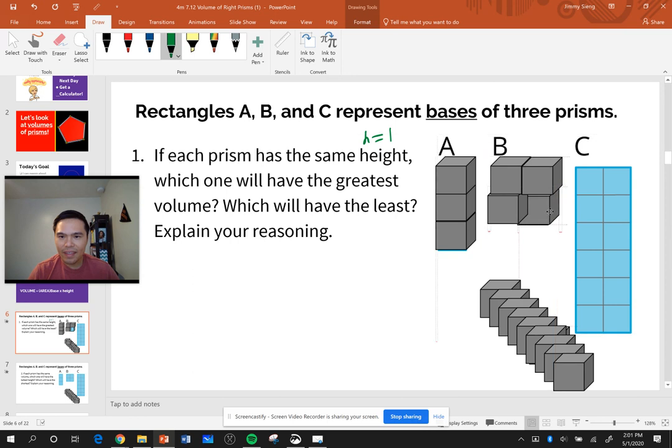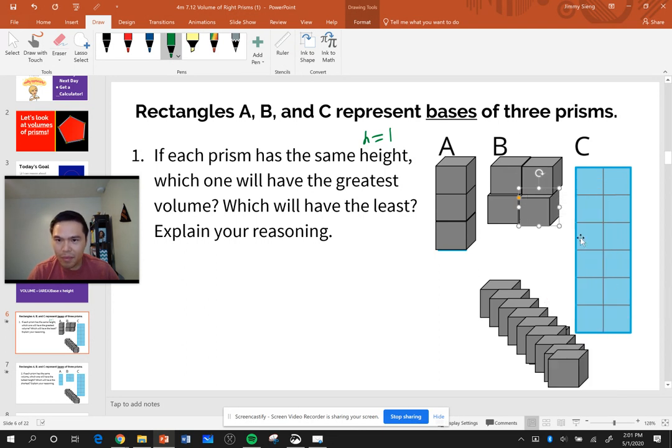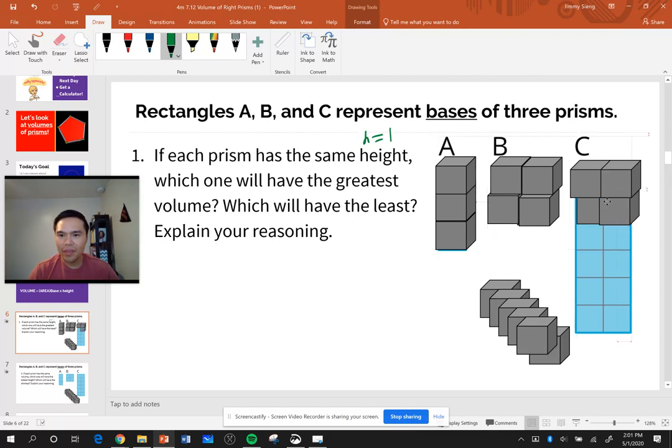Can't even use it. Let's see. Let's bring this up. There we go. If I was to put all of these shapes together, my question is, which one will have the most volume? Again, the general idea is volume is what's filled in the shape, in the 3D shape.